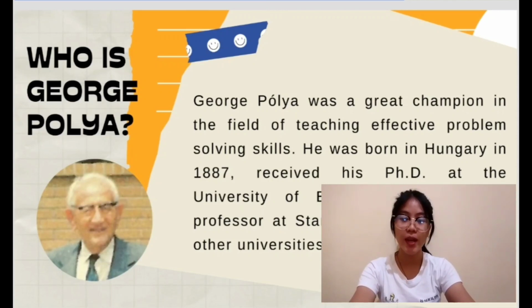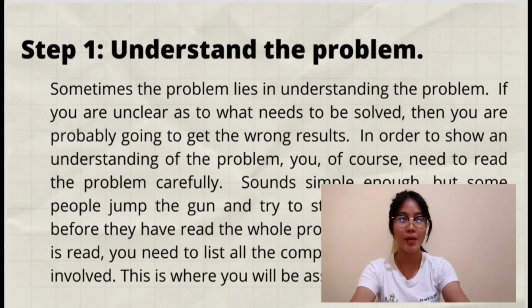George Polya's 4 steps method for solving mathematical problems. His first step is understand the problem. Sometimes the problem lies in understanding the problem. If you are unclear as to what needs to be solved, then you are probably going to get the wrong results.